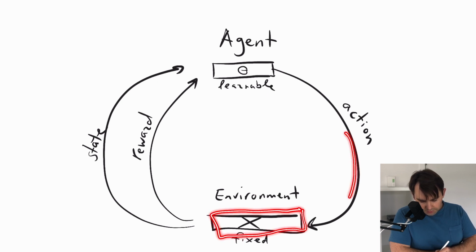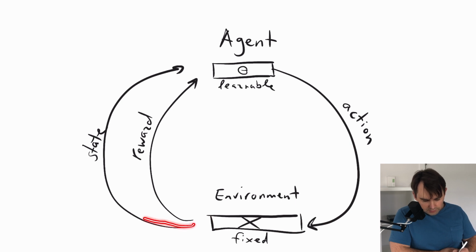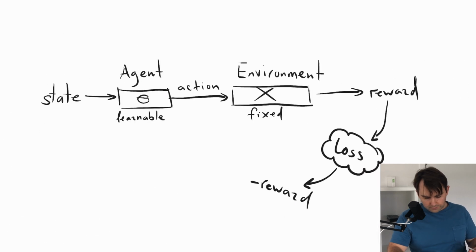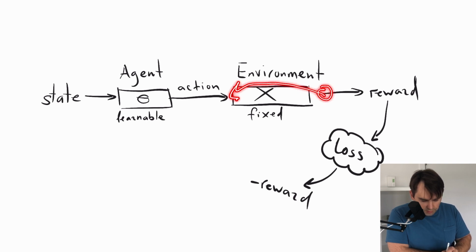It takes an action, it does something, and it outputs a state and a reward. So instead of using the output of our environment and backpropagating through it, and then backpropagating through our agent to update the weights of this neural network, we must find some other ways of updating these weights instead.